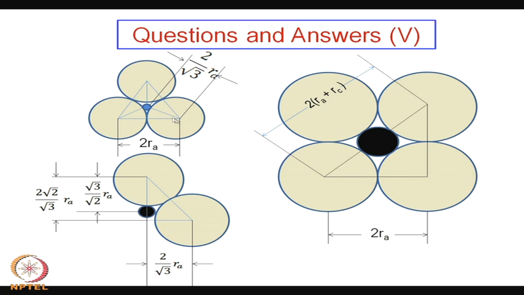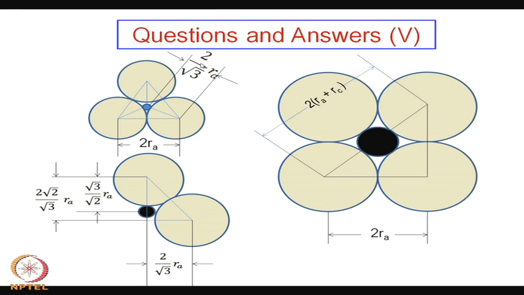At the base, the distance between this and that is the median of this equilateral triangle, 2 by root 3 RA. So, this distance is 2/3 of this distance.